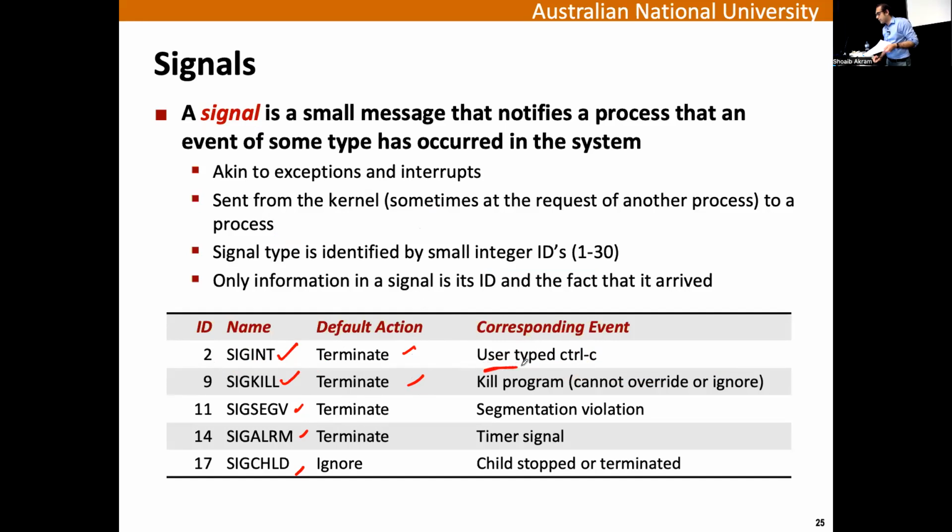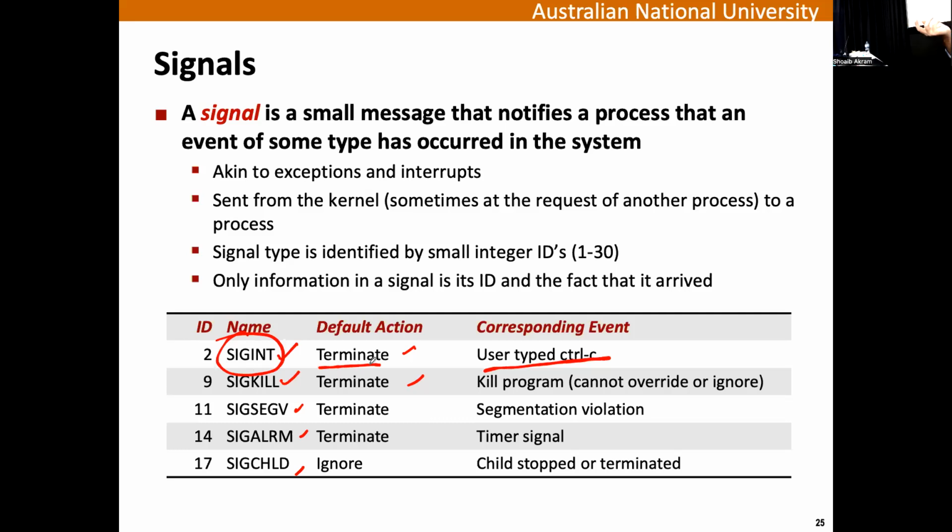Whenever you type Control-C from the keyboard, all the processes that are running in the foreground in a shell actually get a SIGINT signal. And the default action for the kernel is to terminate the process.